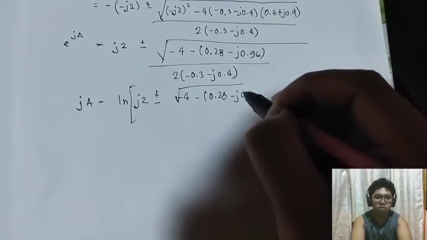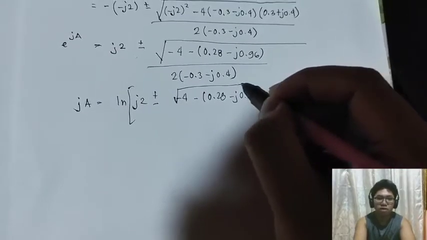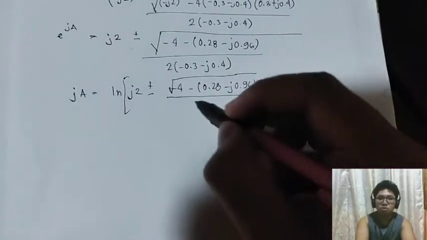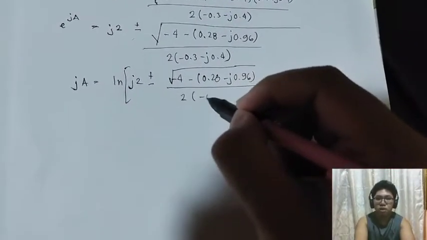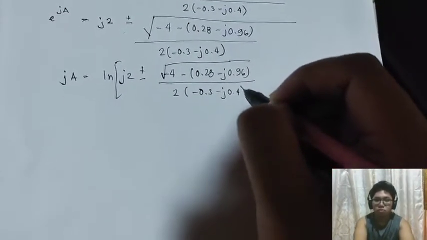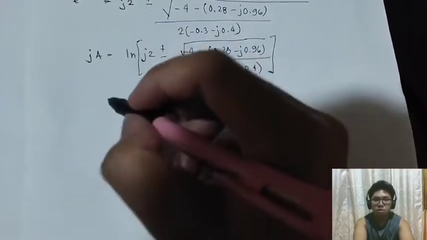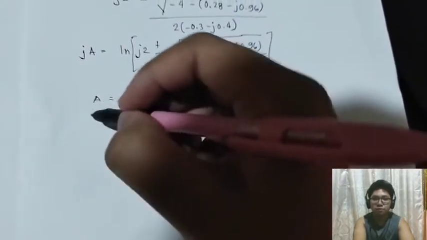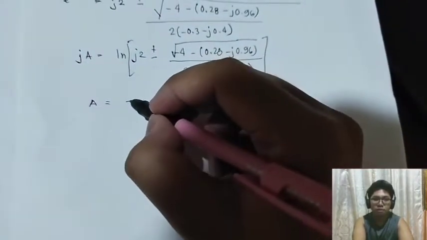plus minus the square root of negative 4 minus 0.28 minus j 0.96 over 2 times negative 0.3 minus j 0.4.